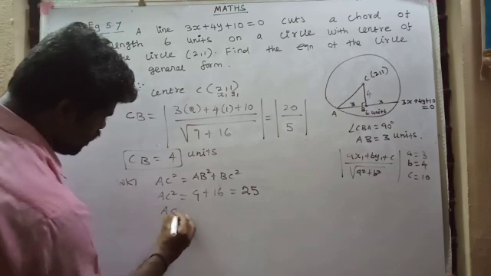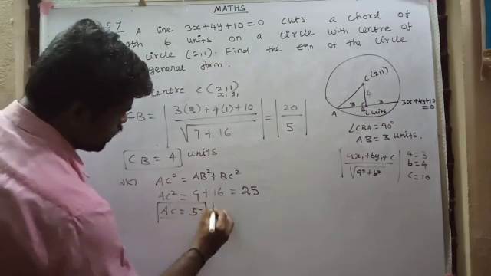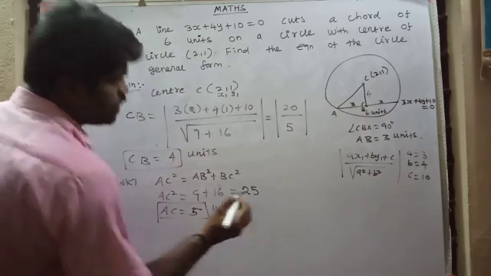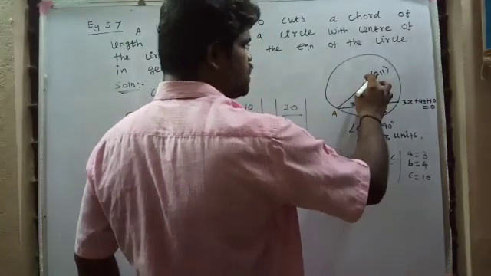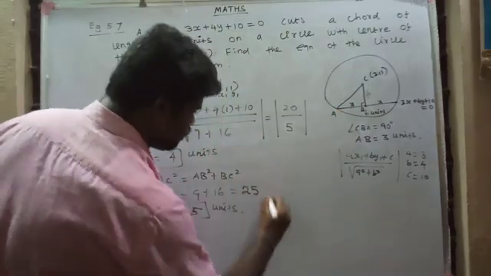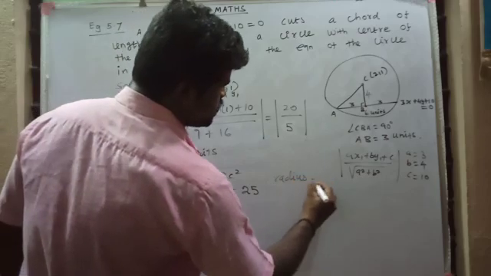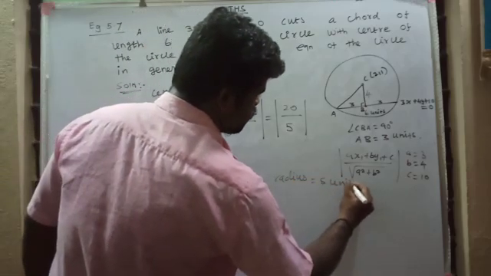Therefore, the AC value is 5 units. This is the radius. AC is the radius of the circle. The radius is equal to 5 units.